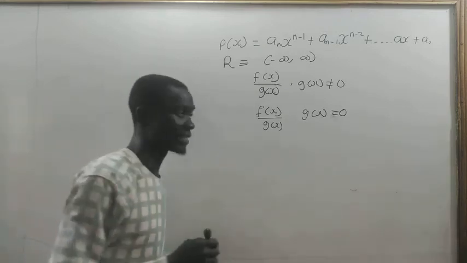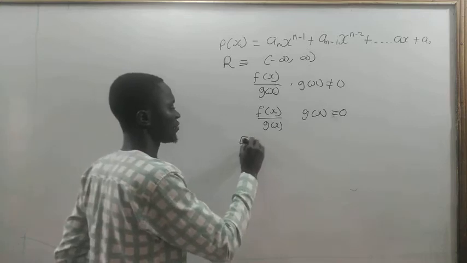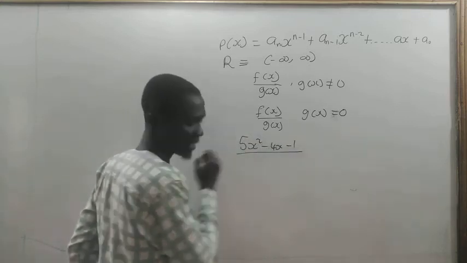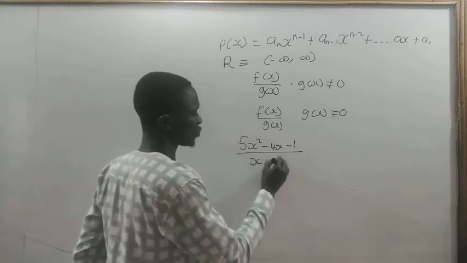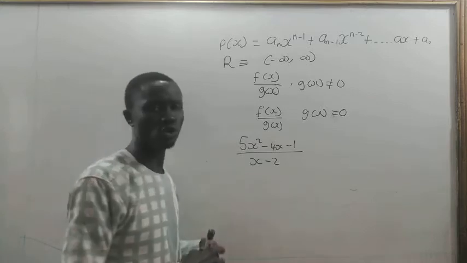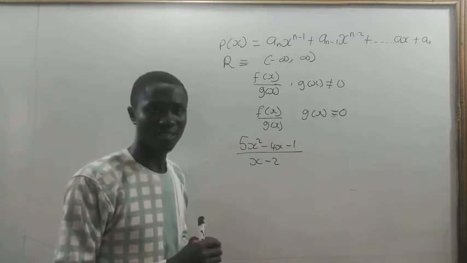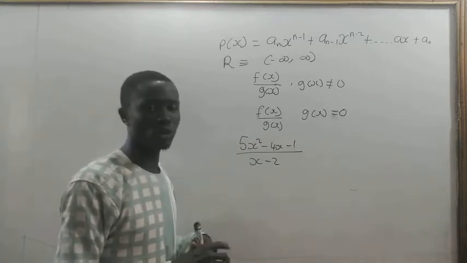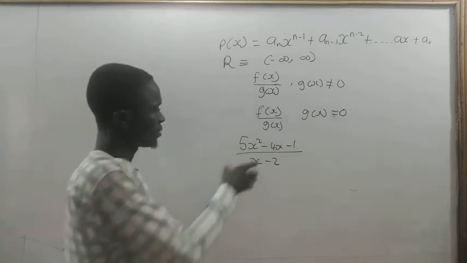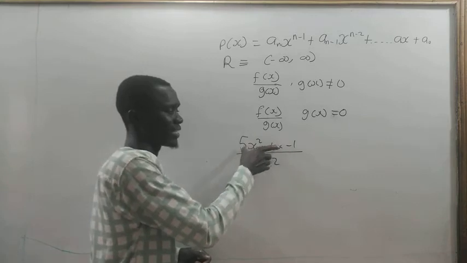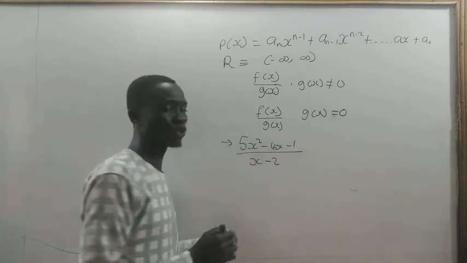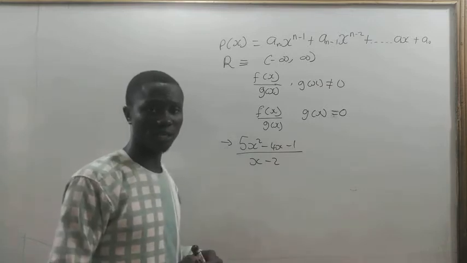So let's take our first example. If we take 5x squared minus 4x minus 1 divided by x minus 2. Here, is this function continuous? Let's discuss the continuity of this function. Now, what is at the top is a polynomial function. So for the top, since it is polynomial, it is continuous everywhere.